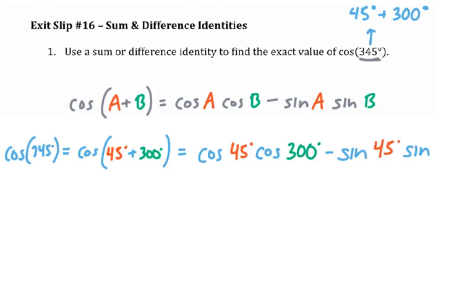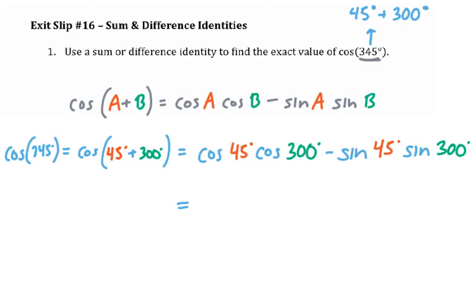So this is a great place to just grab your unit circle and look up these angles. Of course, remembering that cosine is the x-coordinate of our unit circle ordered pairs and sine is the y-coordinate. So maybe just to make this process feel a little smoother, I'm going to flip over to the part of the unit circle that matters. So let's see, 45 degrees will be in quadrant 1, 300 degrees will be in quadrant 4.